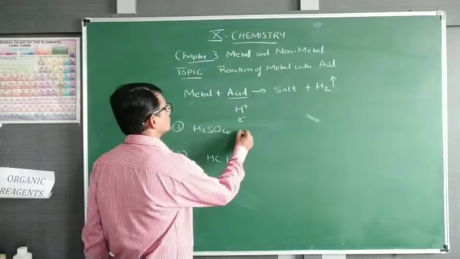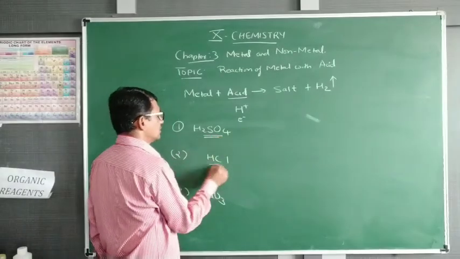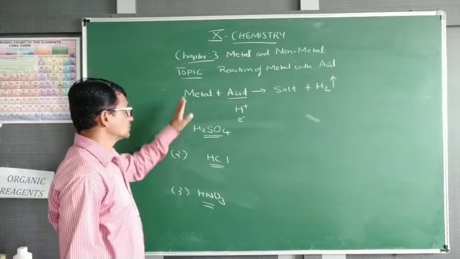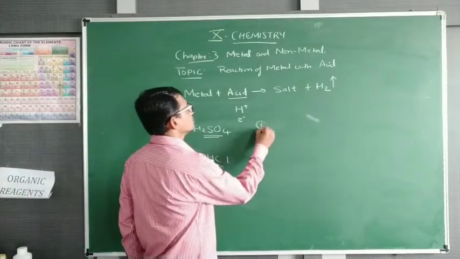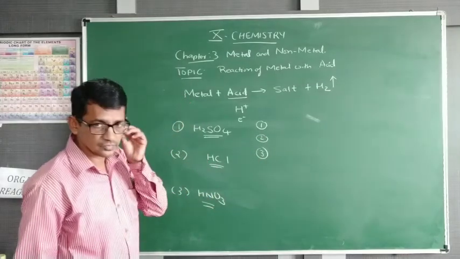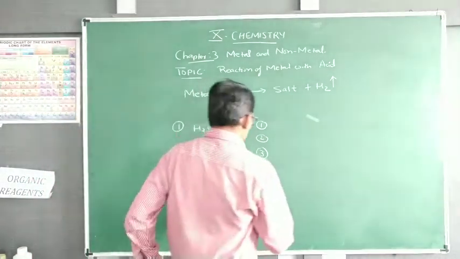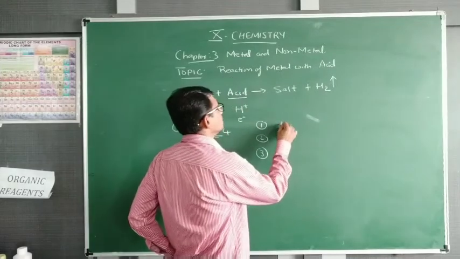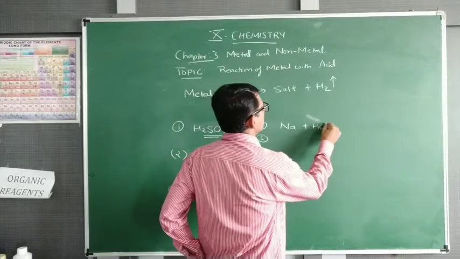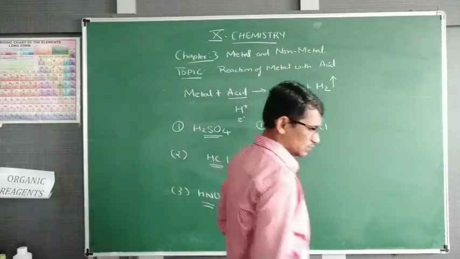H2SO4. Now we write the reactions related with the particular acid. Suppose we take three reactions related with H2SO4. First we take, suppose, metal sodium. Sodium reacts with H2SO4.